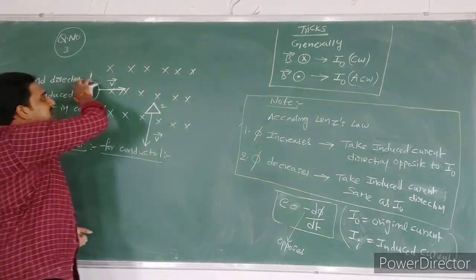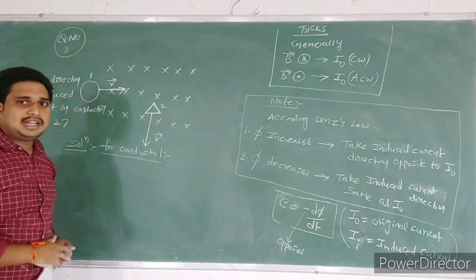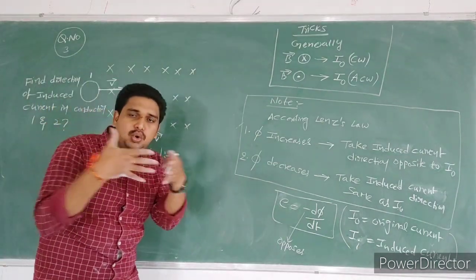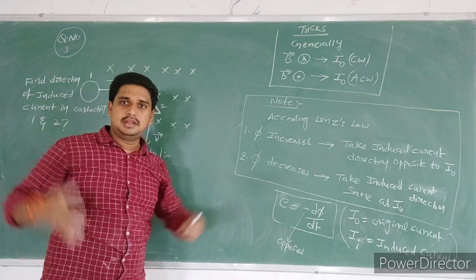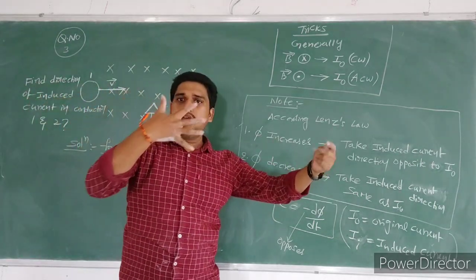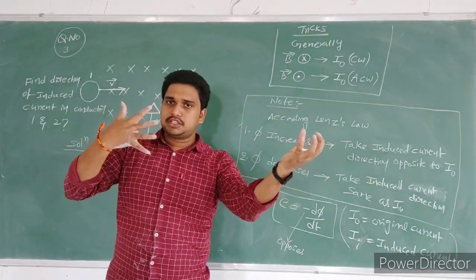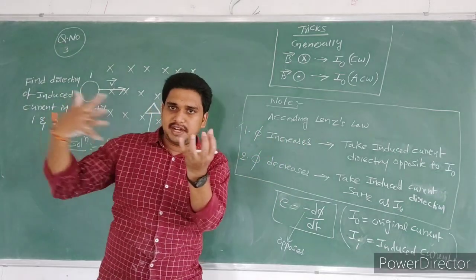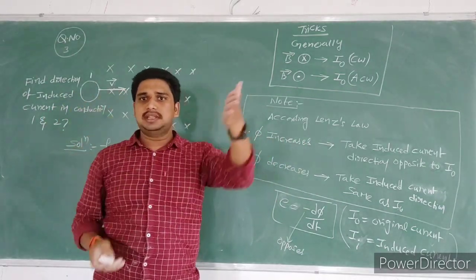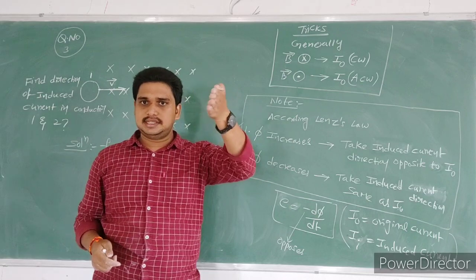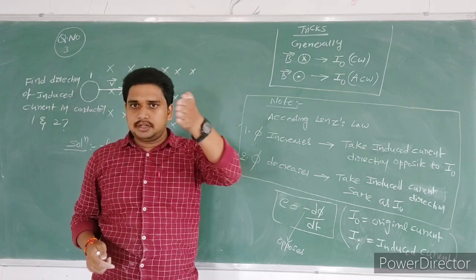Once a loop enters into the magnetic field, definitely the magnetic field lines linked with the loop increase. So these are magnetic field lines. If I consider one loop, for example, this is my hand, this is the one loop, entered into the magnetic field.